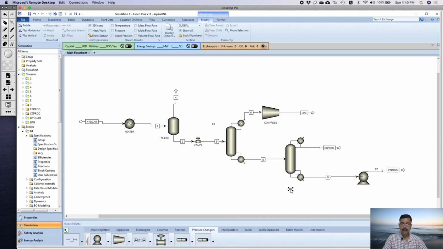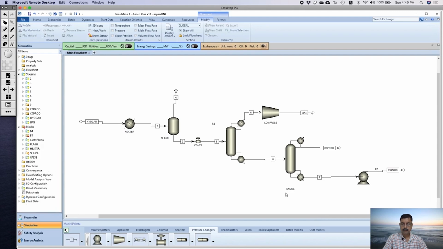So we rename it as, say, shortcut distillation method, and this one we write as rigorous distillation. Okay, right. So it will ask for the specification of this distillation column and this pump.